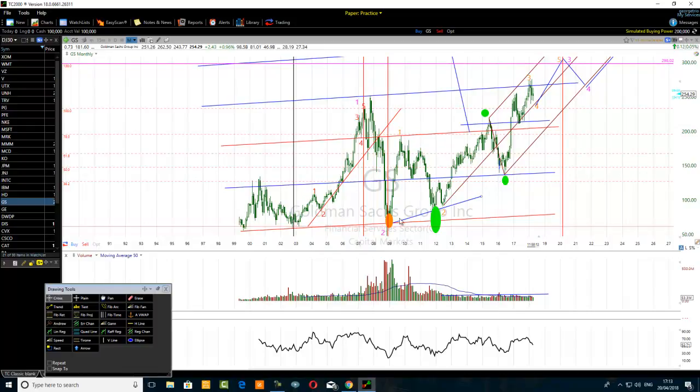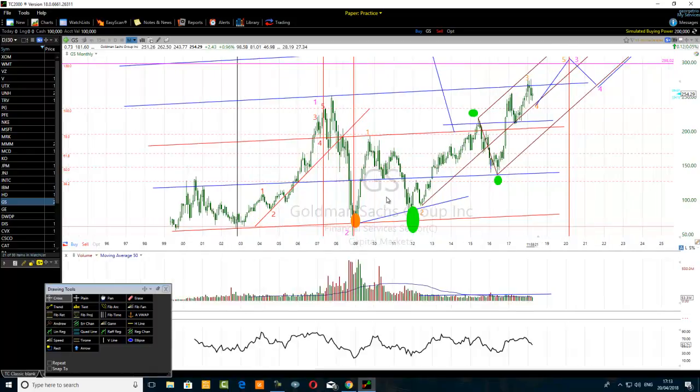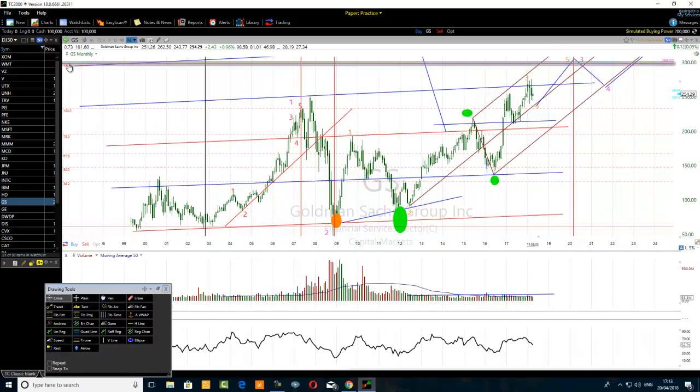So before we can call this the third wave of a higher degree, a trending phase, it must go a little bit above the level of $300. That new trend, that third wave of a higher degree, must go above the $300 level, which means in the zone of 310 up to 320, something like that.